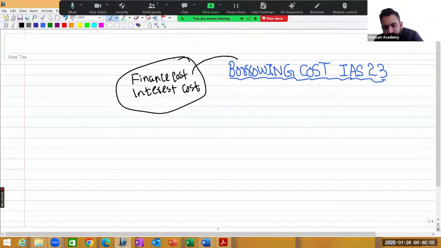Normally, the borrowing cost or interest cost is expensed out in the profit and loss account.